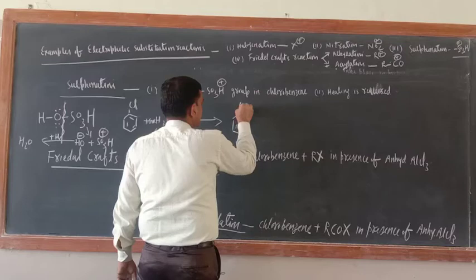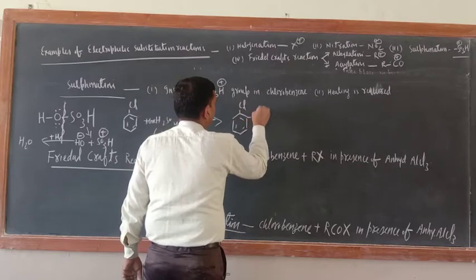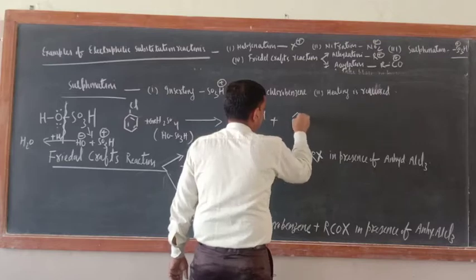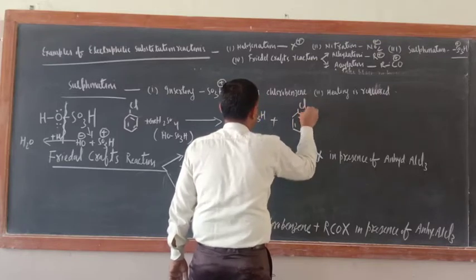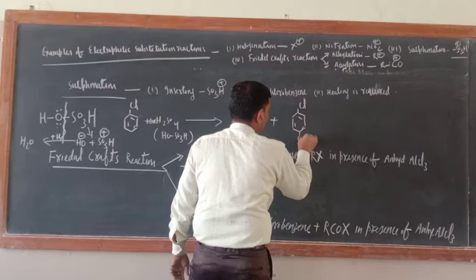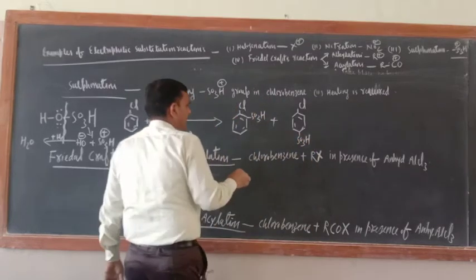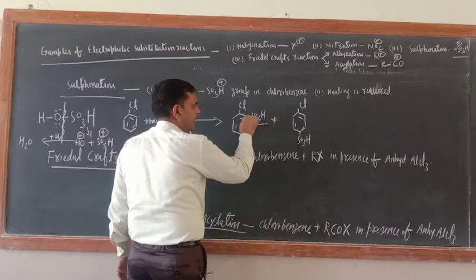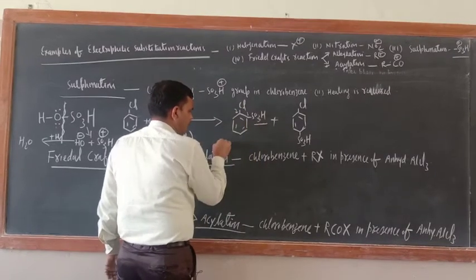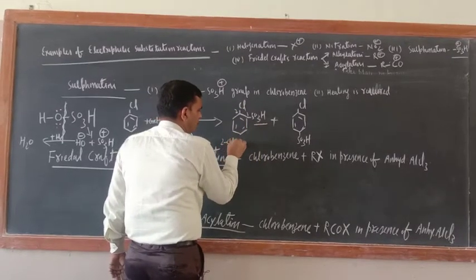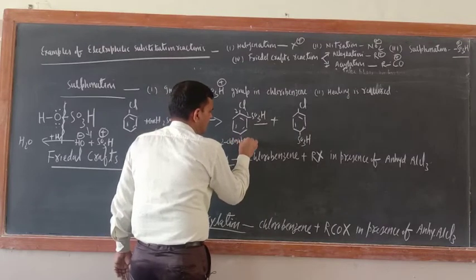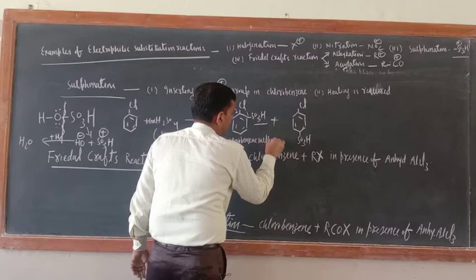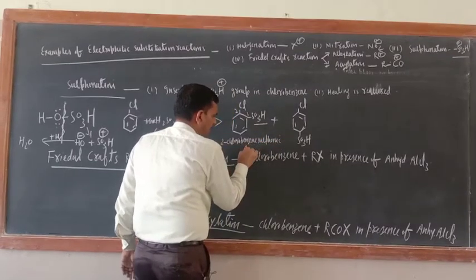Now what are the products? Cl, here SO3H, plus this one, Cl, here SO3H. What is the name of this one? This is the principal functional group. So 1, 2, so 2-chlorobenzene sulfonic acid.